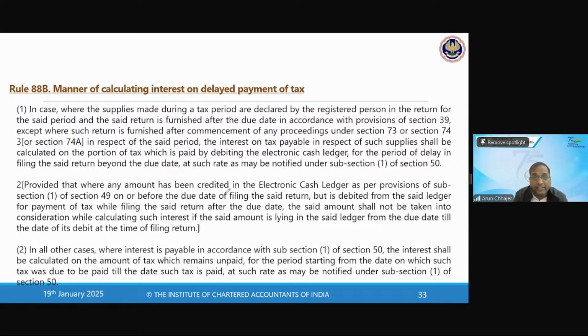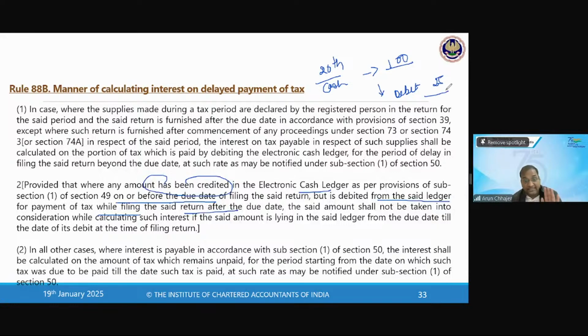Where any amount has been credited in the cash ledger on or before the due date, but is debited from the said ledger for payment of tax while filing the return. Suppose I deposited in the cash ledger on the 20th, I have a liability of, let's say, 100 rupees, and the debit is made on the 25th.